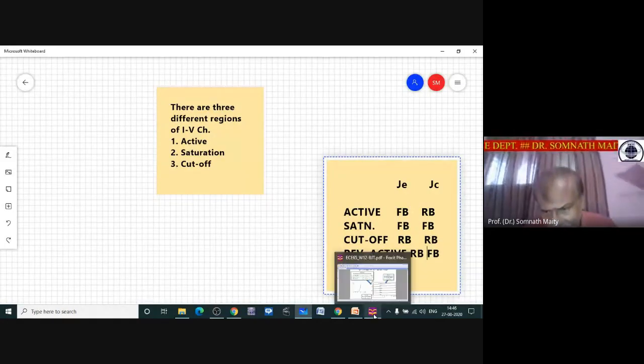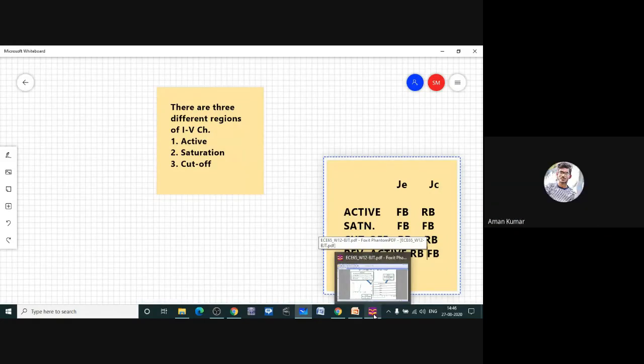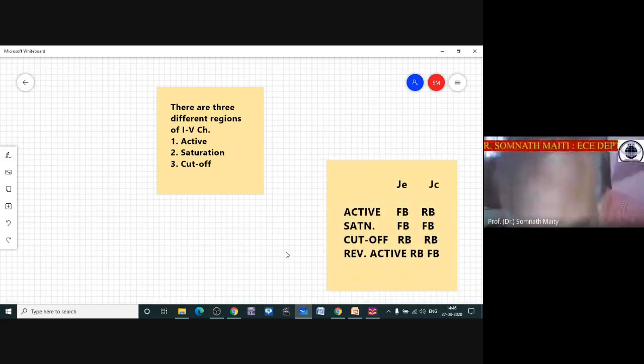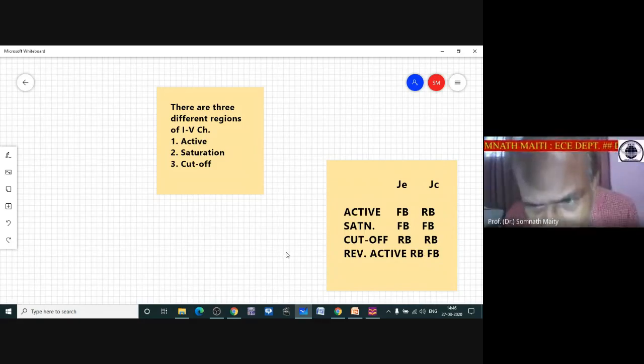In active, emitter junction will be forward bias and collector junction will be reverse bias. And reverse active means it is interchanged. Emitter junction is reverse bias and collector junction is forward bias.